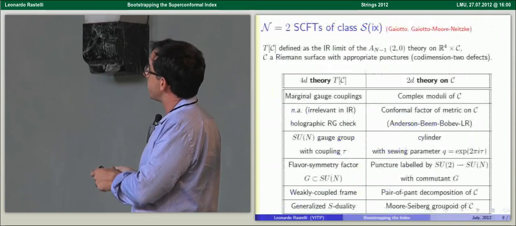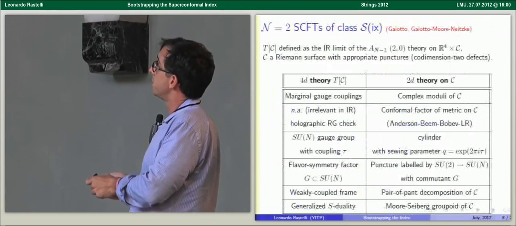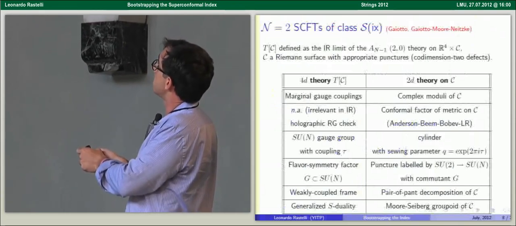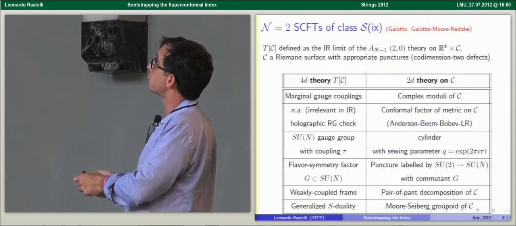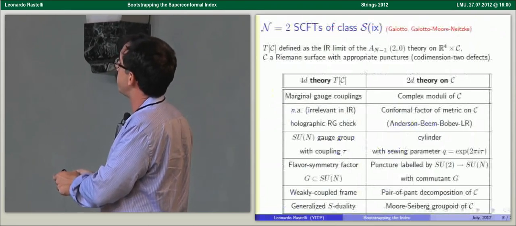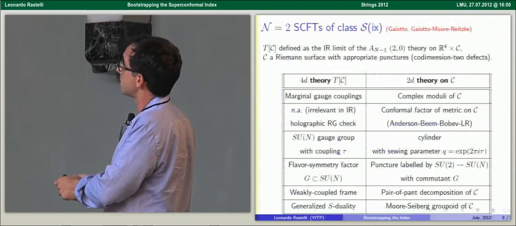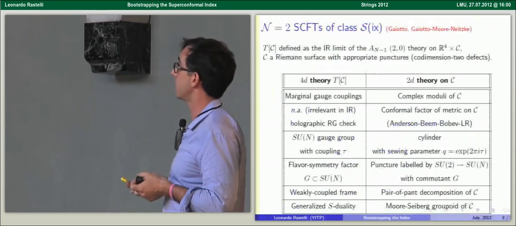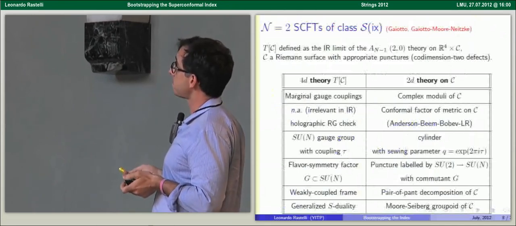And if cylinders correspond to gauge couplings, the punctures, remember this surface has punctures, correspond to flavor symmetries. And in fact, the flavor symmetries are classified by the embedding of SU(2) into SU(N), so there's a whole zoo of different punctures that you can have.